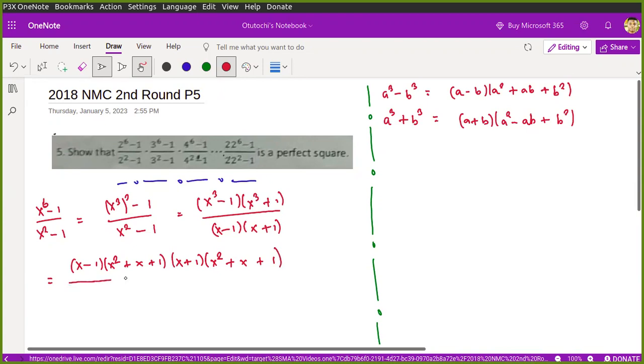And of course, we still have over x minus 1 times x plus 1, which can cancel out to give us x squared plus x plus 1 times x squared minus x plus 1.